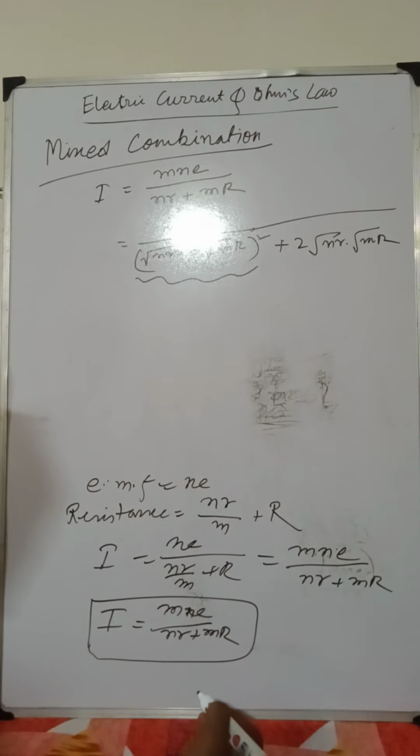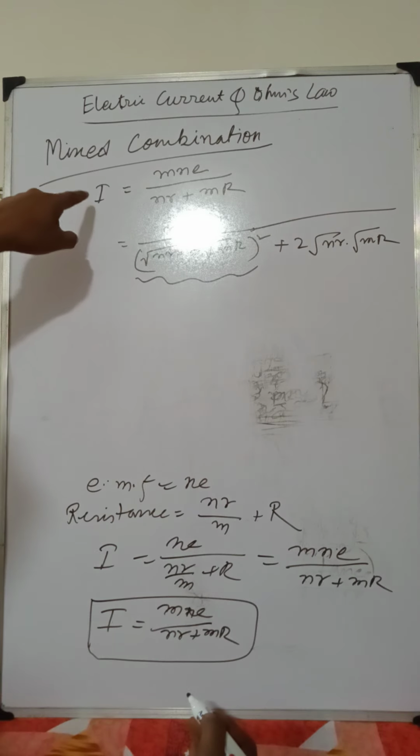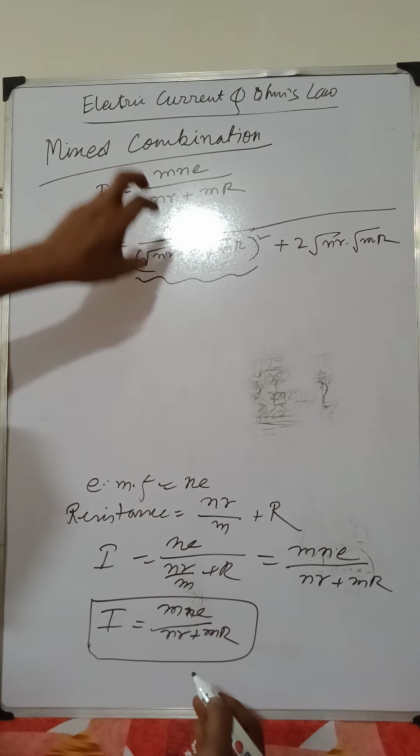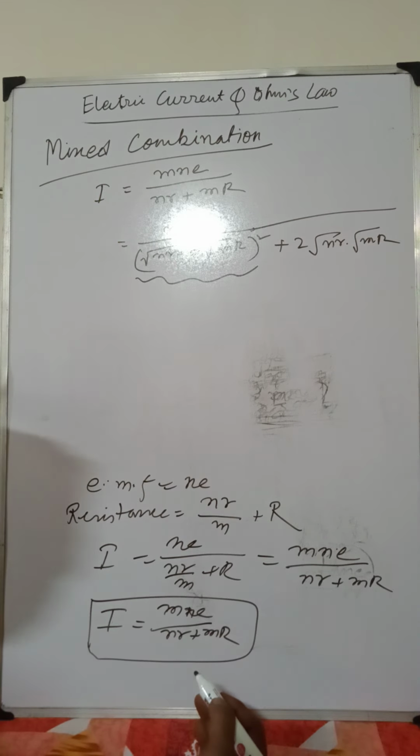If we can reduce the denominator, current will be increased. In the expression of the current there is a numerator and a denominator, and if we reduce the denominator, current can be increased.